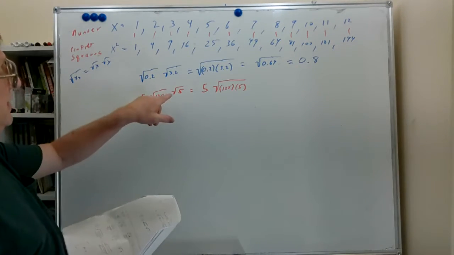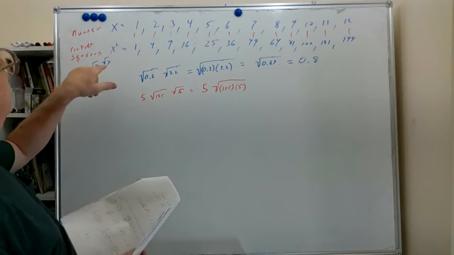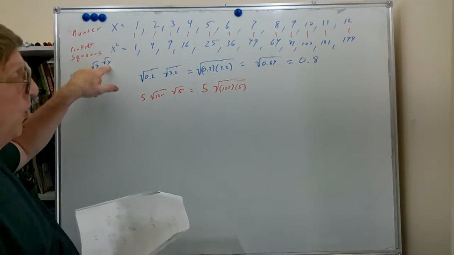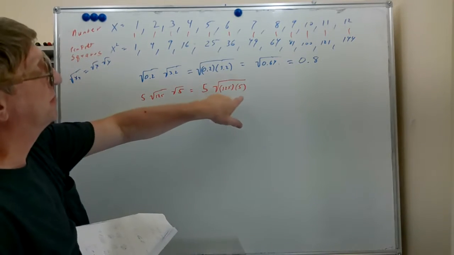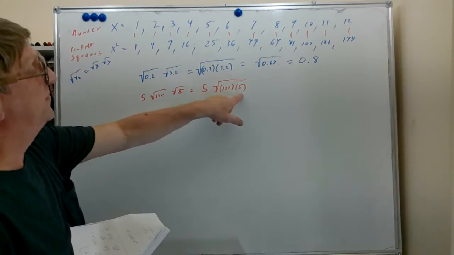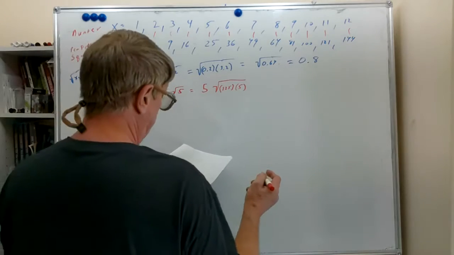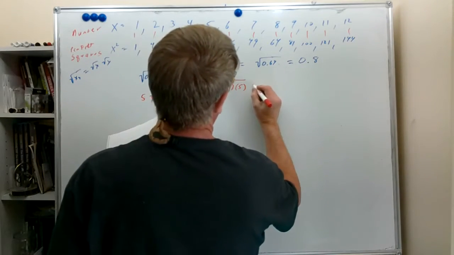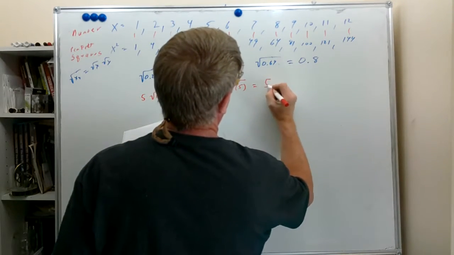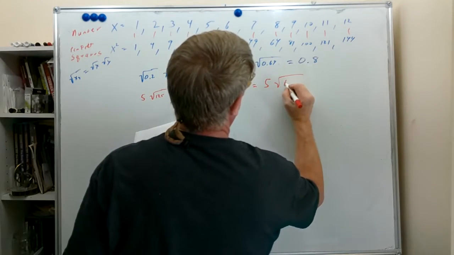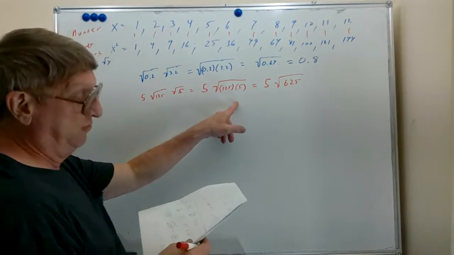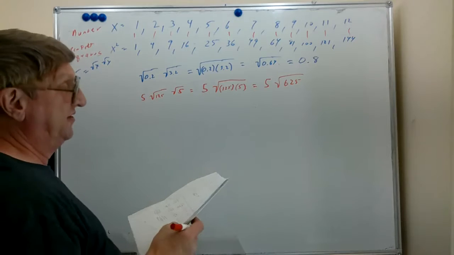So there we've taken this, which is equivalent to the square root of xy, same form. We've combined them to the square root of the product. This is the 125 and 5 inside underneath a single radical sign, which is 5 times the square root of 625. When we multiply the 5 times 125, we get 625.